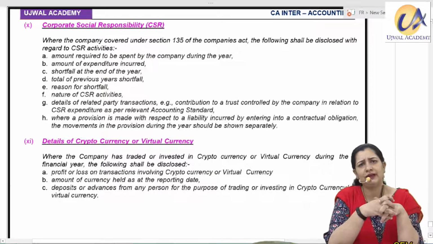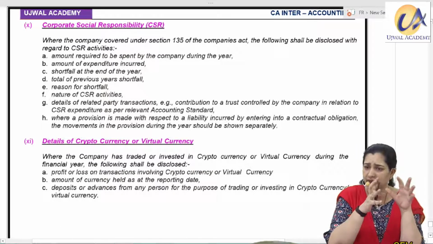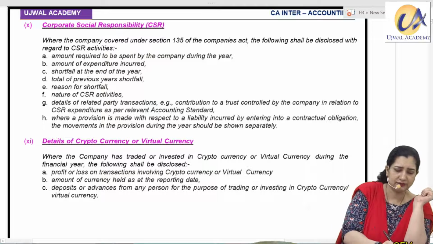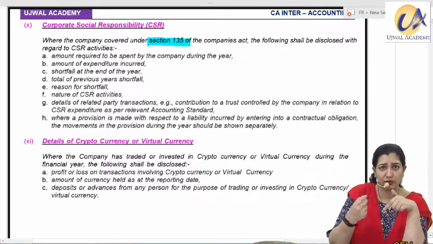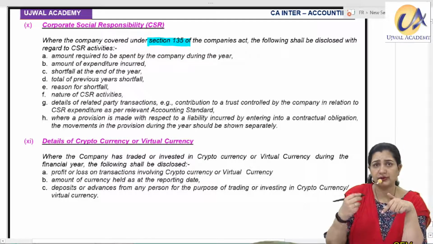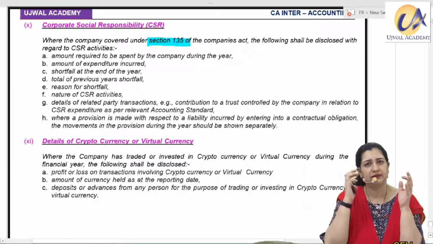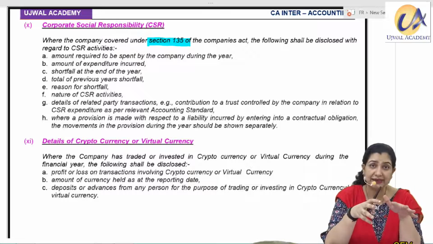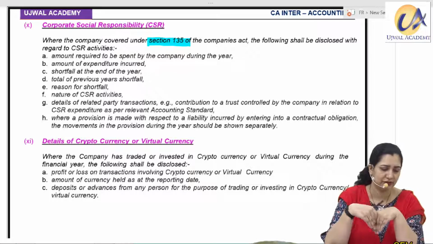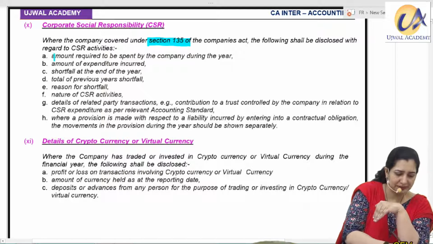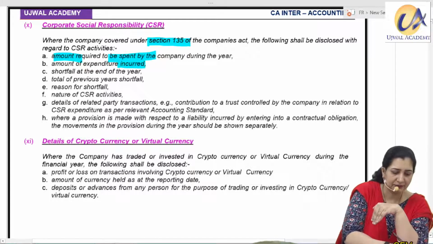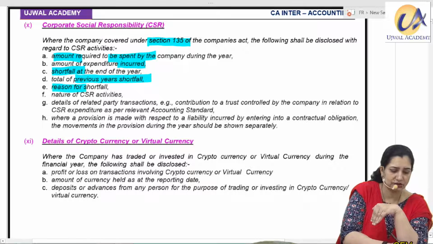So section 135 deals with CSR. So whether the company is covered under 135 section and they have to follow spend on corporate social responsibilities, this CSR spending details we have to give here in the notes. How much is the amount to be spent? How much was actually spent? What was the shortfall? Any previous year shortfall? What were the reasons for the shortfall?